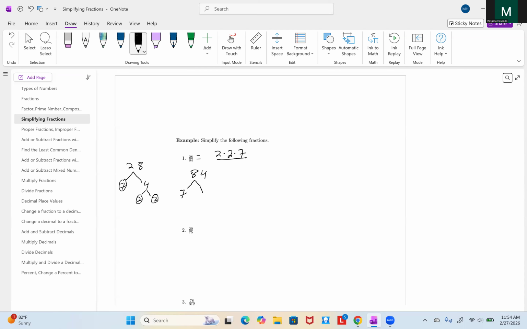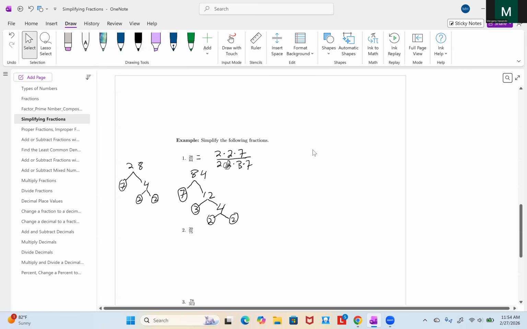No, it's 12. 7 is a prime number. Circle it. 12 is not. We break it further into 3 times 4. 4 is not a prime number, 3 is a prime number. Circle it. 4, we break it down into 2 times 2. So 84 is 2 times 2 times 3 times 7.